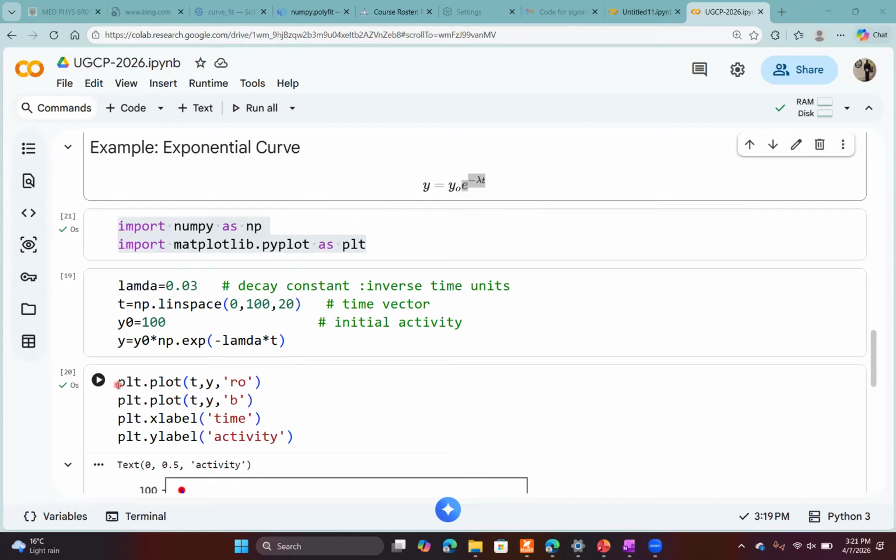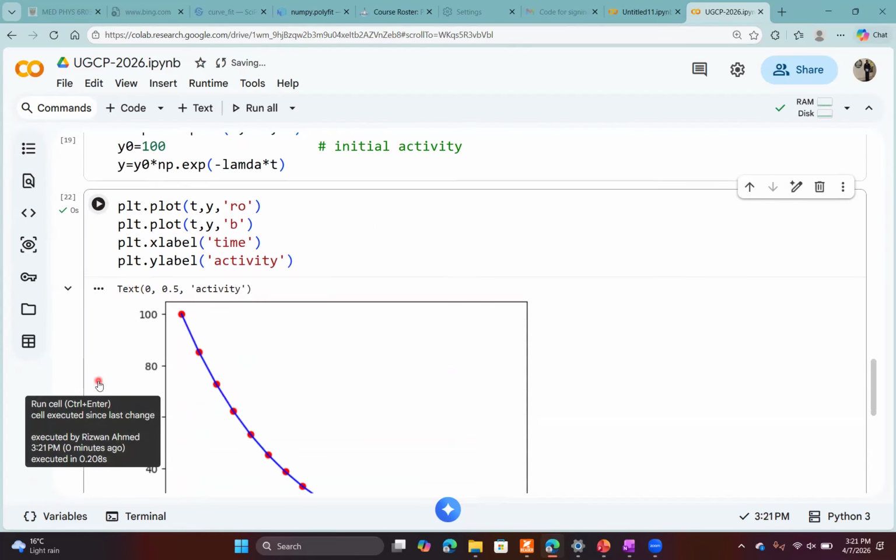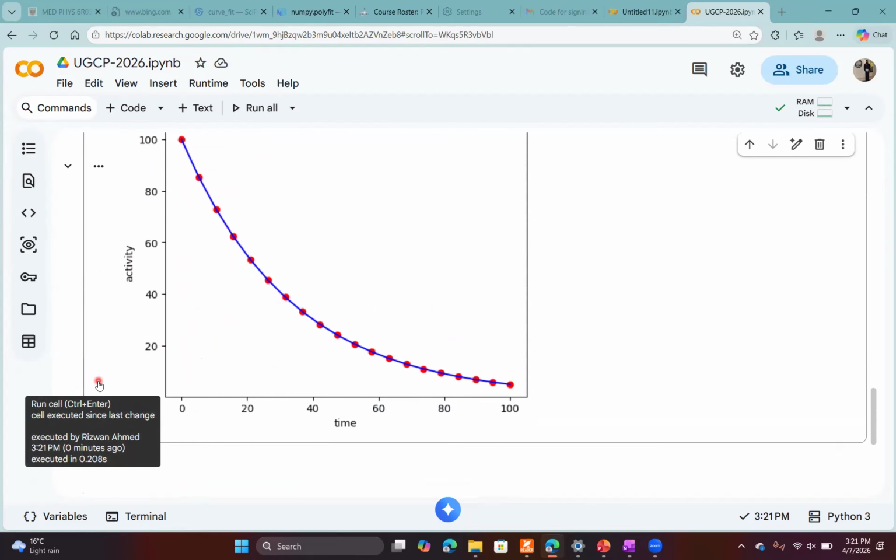Okay, after the calculation of vectors, this is the plot command plt from this library, plot t y with red circles, and the similar command to represent a line joining the points, and the x label for time and y label is the activity.